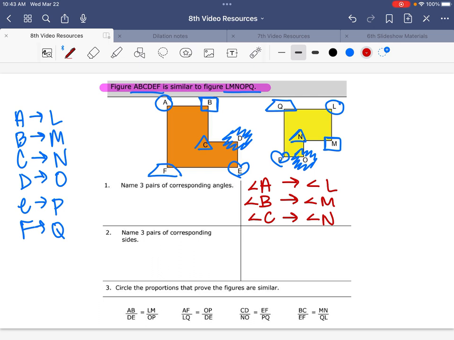So now we want to look at corresponding sides. So if I look at side FA, so side FA right here, the side that's going to correspond to that is going to be between the circle and the trapezoid vertices. So that is side QL.